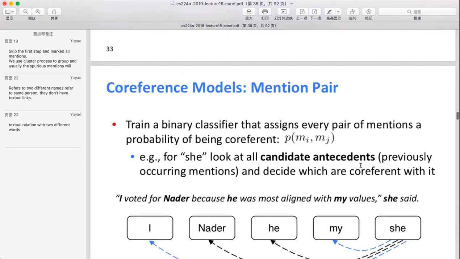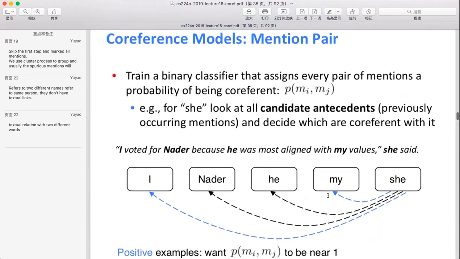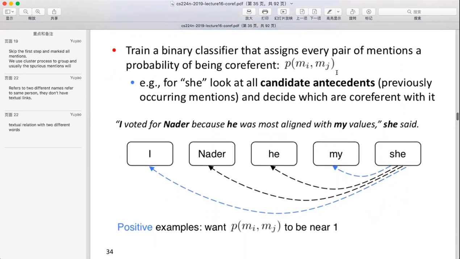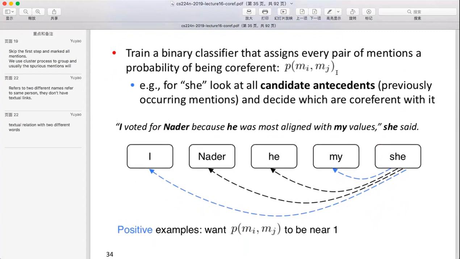And then you see, after this, we have different pairs now, right? So we identify them as P, MI, and MJ. And we then use our machine to say which one is positive, which one is negative. For example, she with my is a positive, and we mark it as 1.